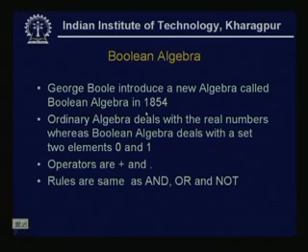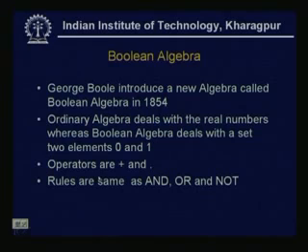Now, ordinary algebra deals with real numbers, which means the set is an infinite set consisting of an infinite number of elements. Here, Boolean algebra deals with a set of two elements, that is 0 and 1. The operators are two operators, plus and dot, and the rules are the same as AND, OR, NOT.